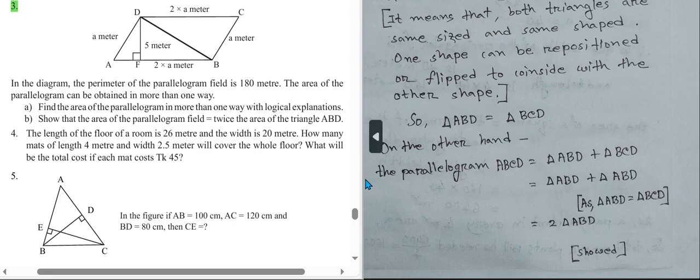So the parallelogram ABCD is equal to 2 into triangle ABD, or twice the area of triangle ABD. And by this we can prove that the area of the parallelogram is equal to twice the area of the triangle ABD.